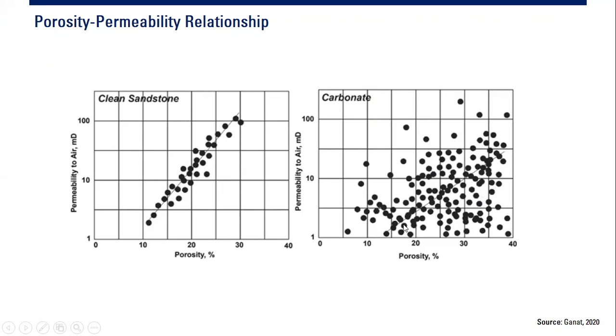So sometimes it can be very difficult to find the correlation between porosity and permeability. And for carbonate, we need to go deeper and deeper. We can classify the carbonate into several classes, maybe several rock types, so that we can distinguish the correlation between porosity and permeability for each rock type.